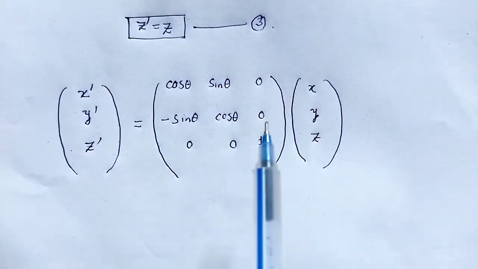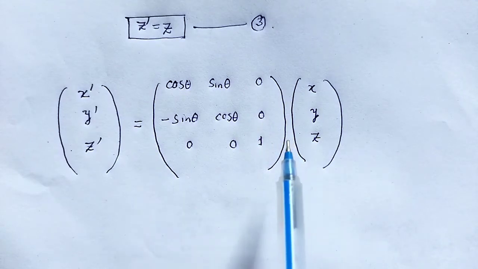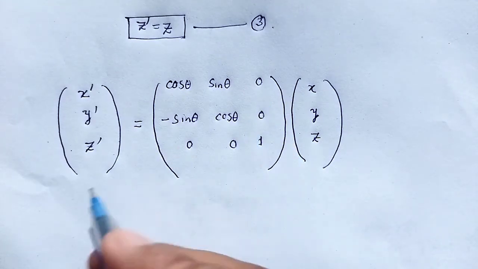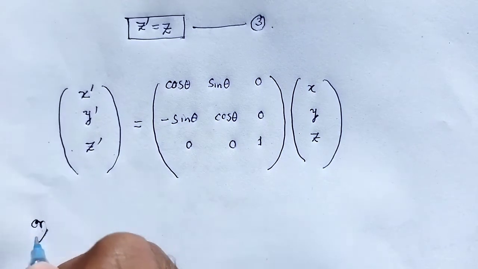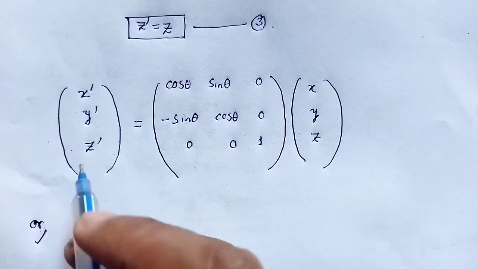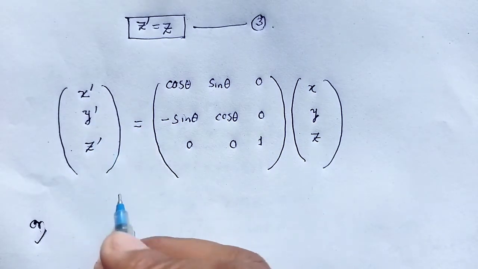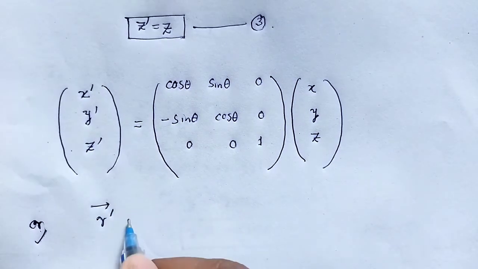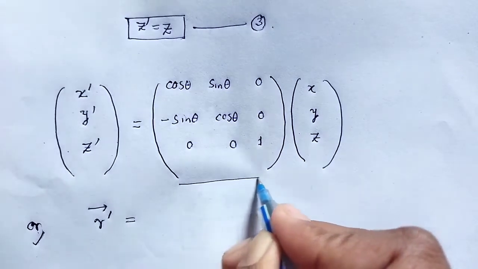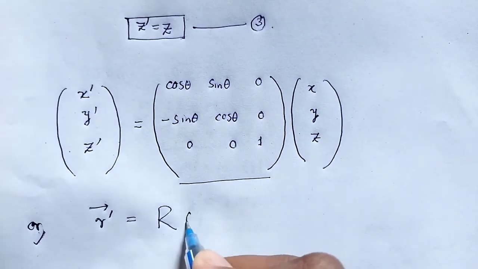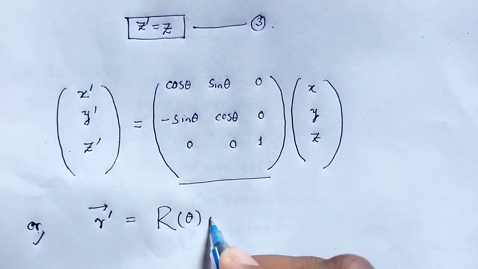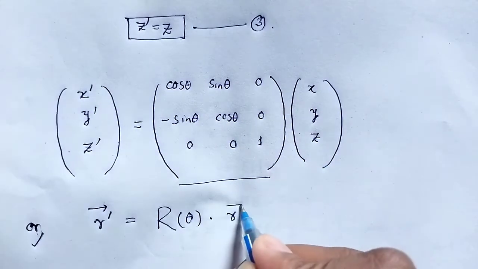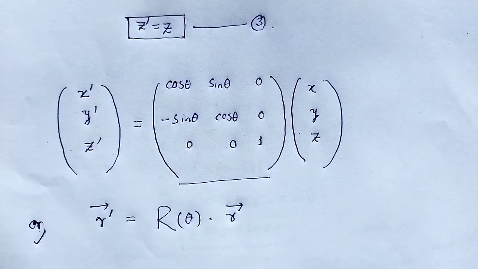These three equations are taken in the form of a matrix. So x dash, y dash, z dash, nothing but the r dash vector, is equal to this term, that is r of theta, times x, y, z, which is the r vector.